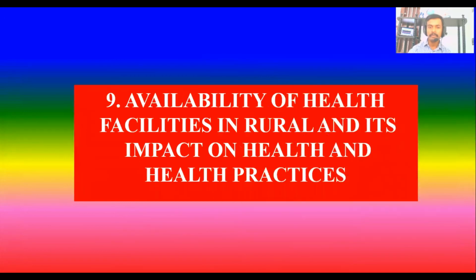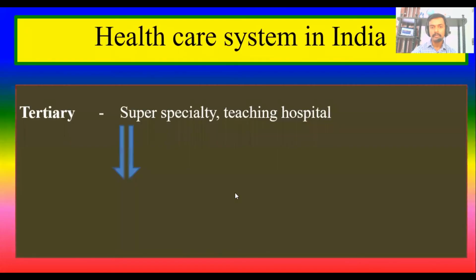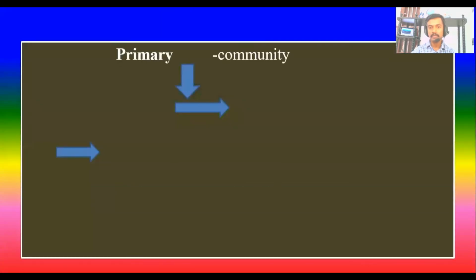Then availability of healthcare facilities in rural areas and their impact on health and health practices. What are the healthcare facilities available in rural India? First, the healthcare system in India: we need to know tertiary, secondary, and primary. Look at this: primary is at village level, which is divided into primary health center, sub-center.